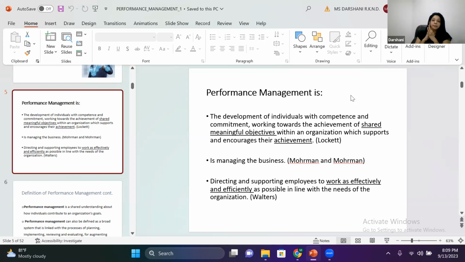Now you see the development of individuals with competence and commitment. We want employees who have the competence as well as the commitment. Some employees have the competence, they have the ability to do it, but they are not committed. These days, in most organizations, employees' performance has gone down. That is a research finding these days. Why?